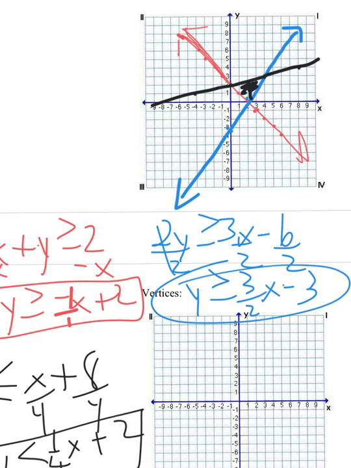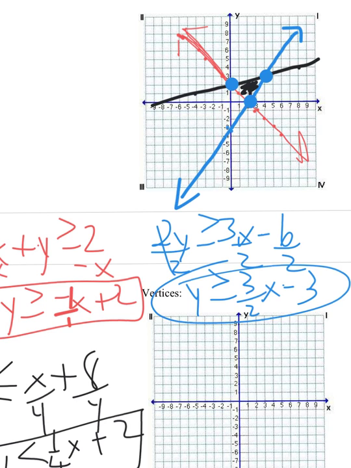So if you think about the coordinates of your vertices, they are going to be this point, this point, and that point right there. I made them extra big on this example.